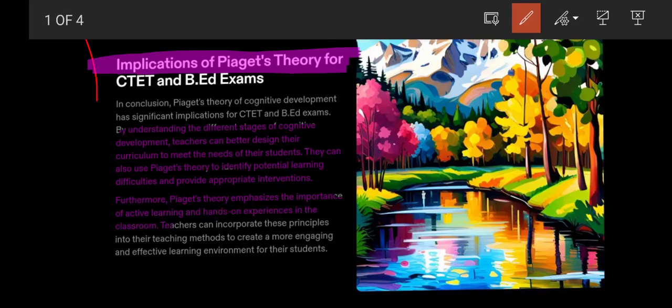It shows us the importance of hands-on learning and experience. The teacher can incorporate these principles into their teaching methods to create a more engaging and effective learning environment for their students. So these are the implications of Piaget's theory.